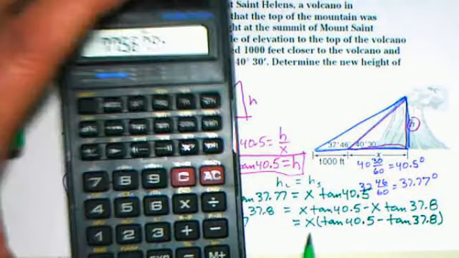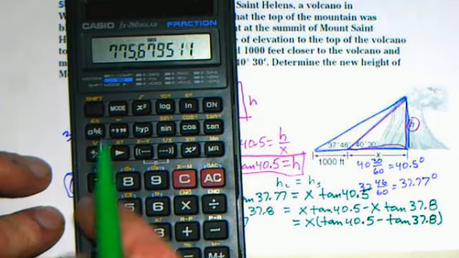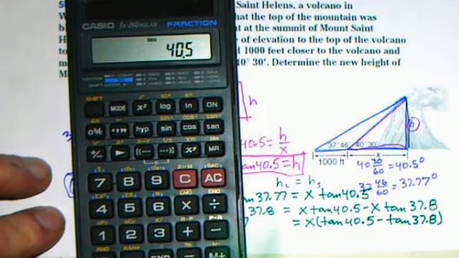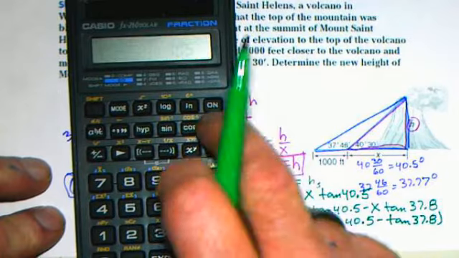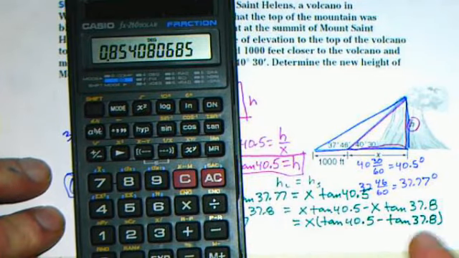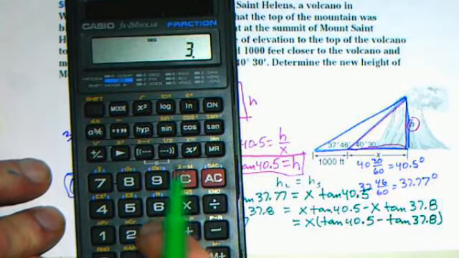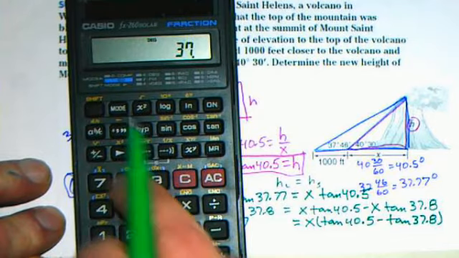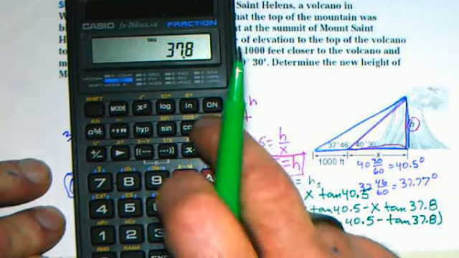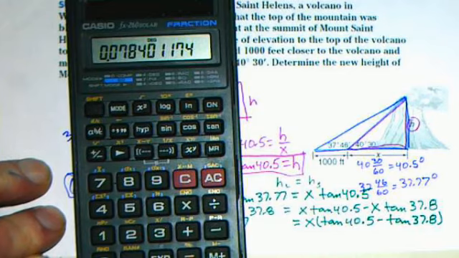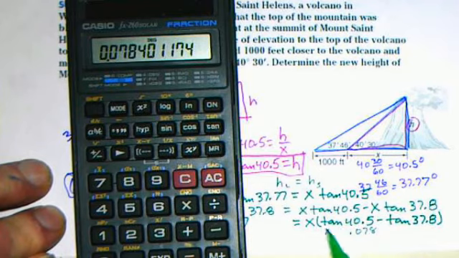So tan 40.5 minus tan 37.8 equals 0.078. So this is x times 0.078 when it's simplified.